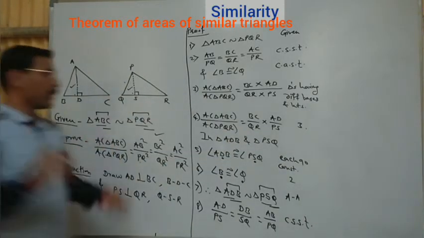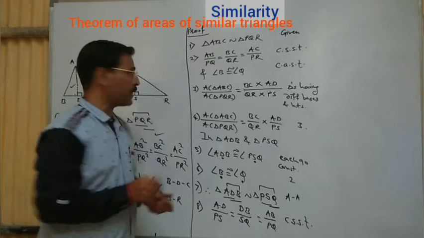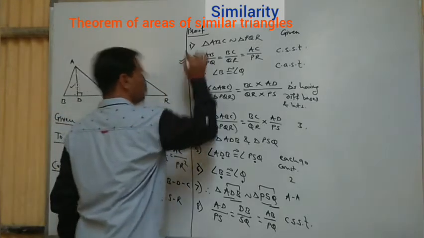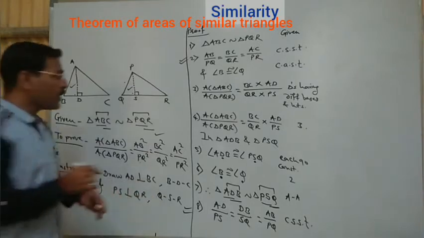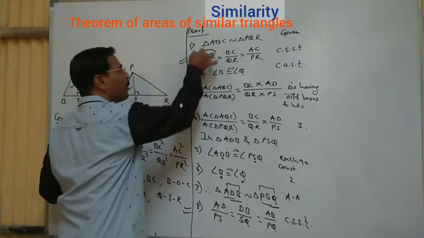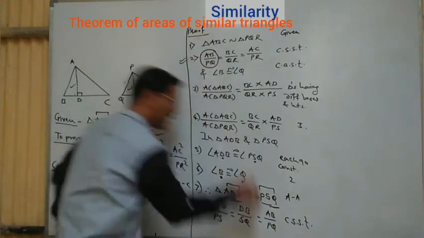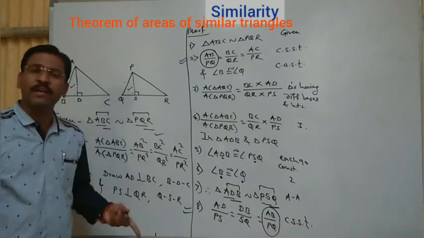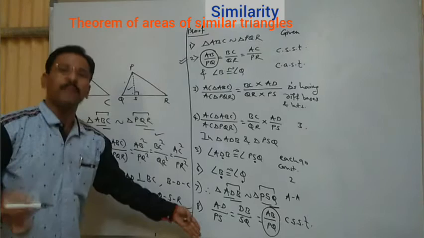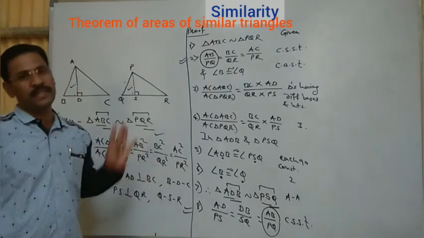Now look here, this is a very important part. In step number 2 and step number 8, what are you observing? Here, this AB upon PQ is in both the steps. Because of that, we can write all these ratios as the same.